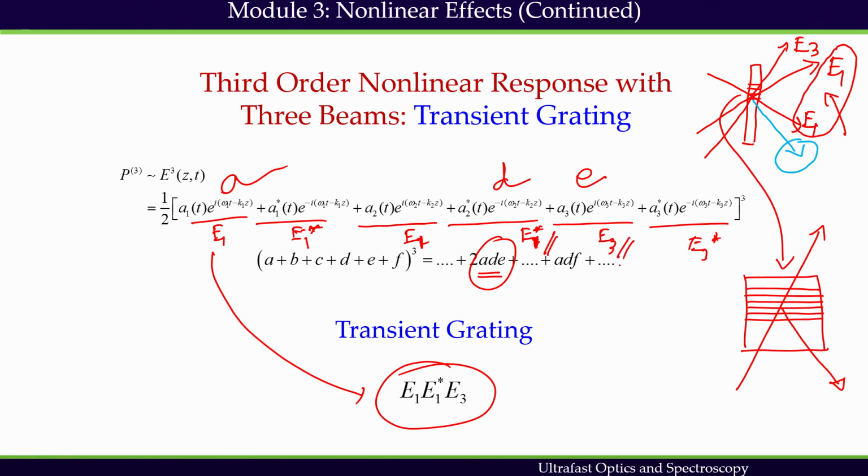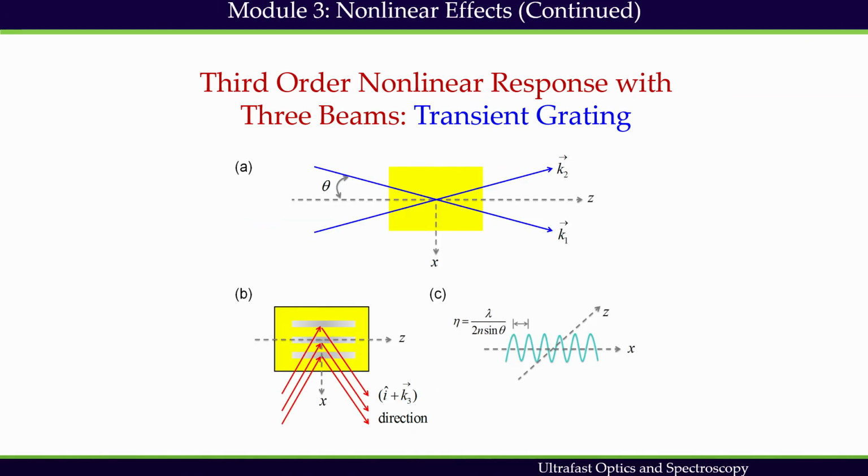So the transient grating will be created when two identical pulses are interacting with another third beam. These two identical E1 beams will create the transient grating, and the third beam will be diffracted due to this grating. So let's understand what it means by this transient grating and how we create that.